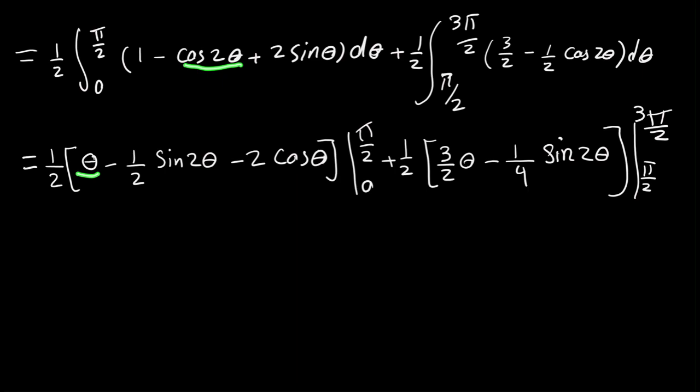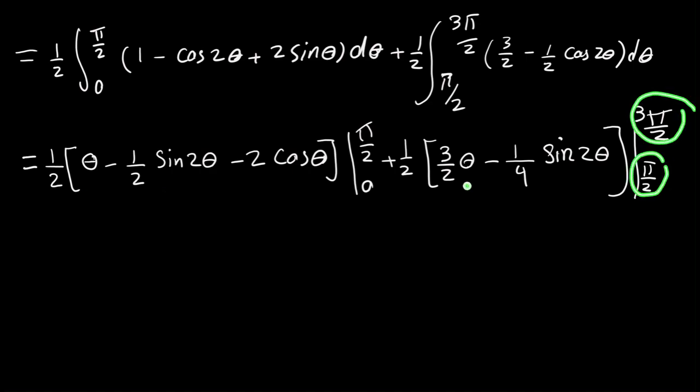Integral of 2 sine is negative 2 cosine. And these two terms for the second integral. Now we plug in the endpoints, pi/2 and 0 for the first, pi/2 and 3 pi/2 for the second integral.